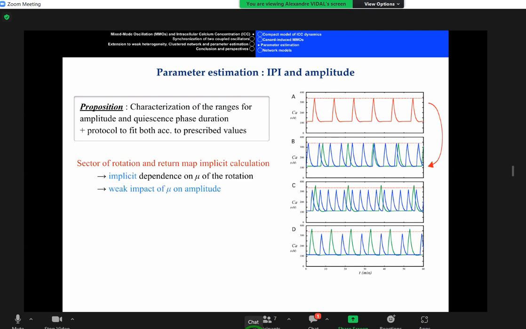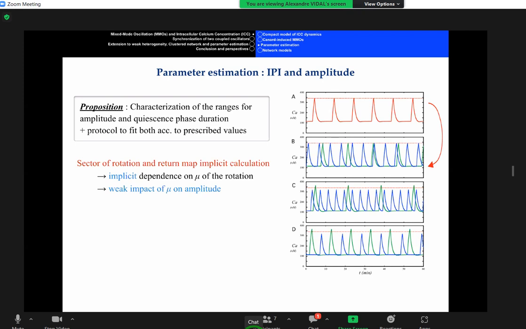I have not defined what is a sector of rotation, but it's in some sense the number of small oscillations that the dynamics needs to generate before undergoing the fast dynamics and producing a large amplitude.